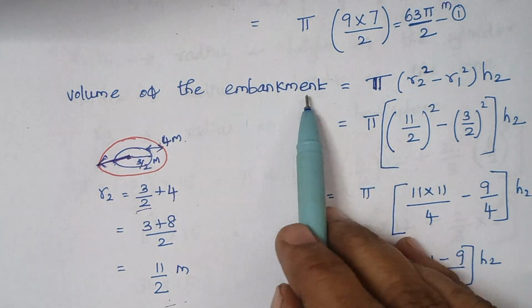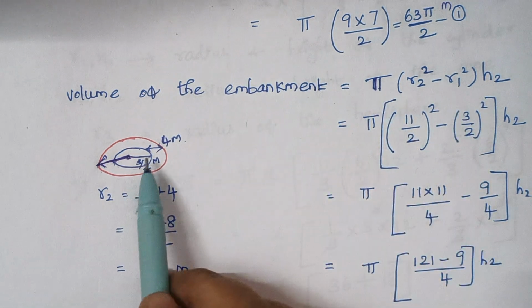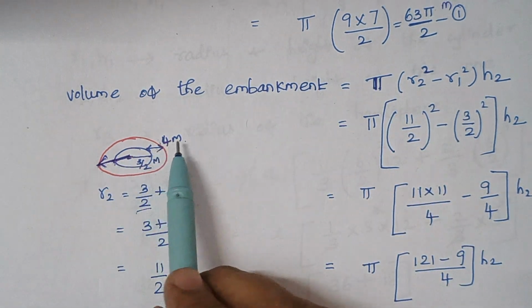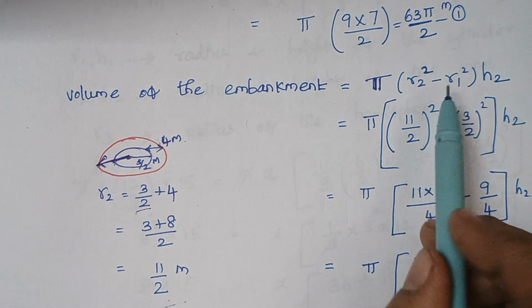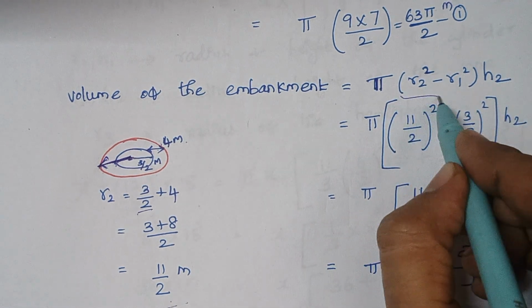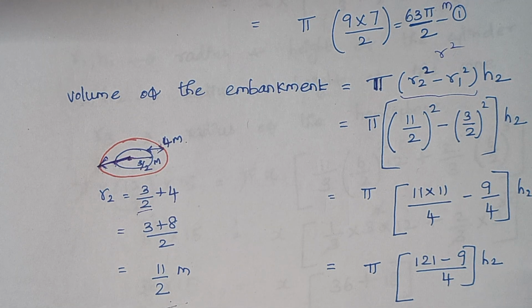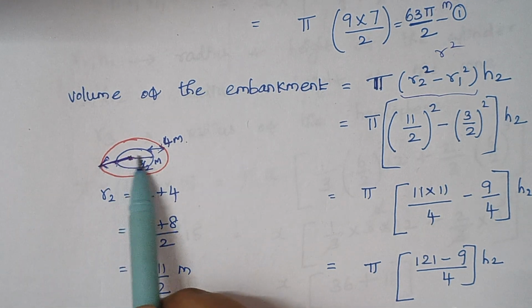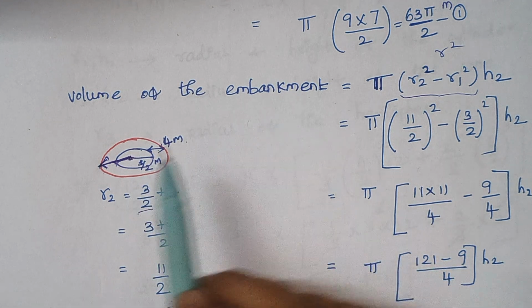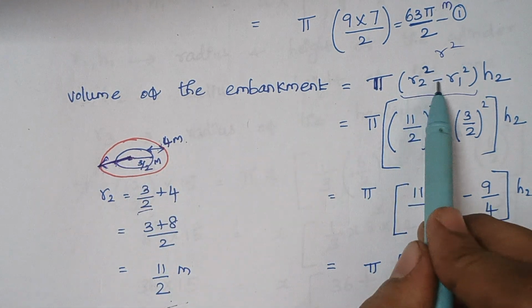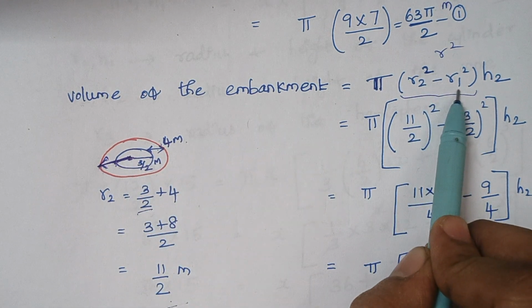So while writing the formula, we need only this volume. The general formula for the volume of the cylinder is pi r square h. Since here we are confined with another radius, we write it as r2 square minus r1 square.